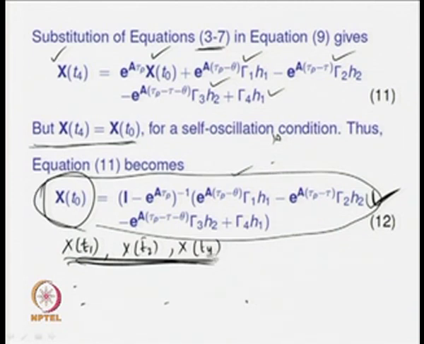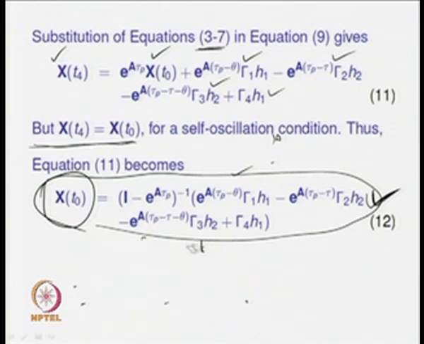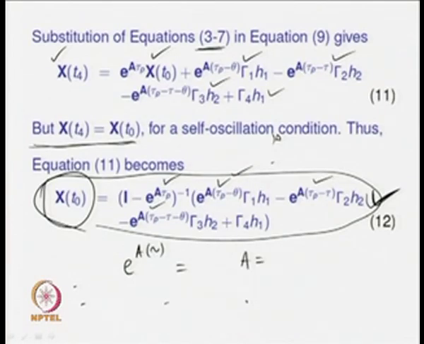Now, one has to keep in mind that matrix exponentiation has to be found. As you see, we have got matrix exponentiation e to the power A with something involved in almost all terms, and matrix exponentiation can be found conveniently provided the A matrix is available in diagonal form.